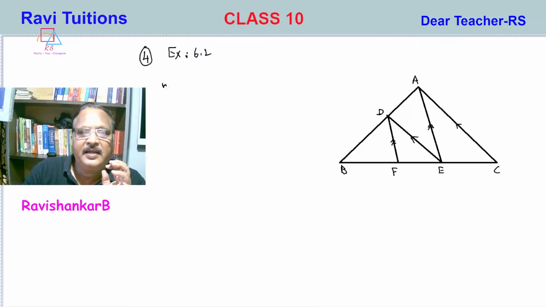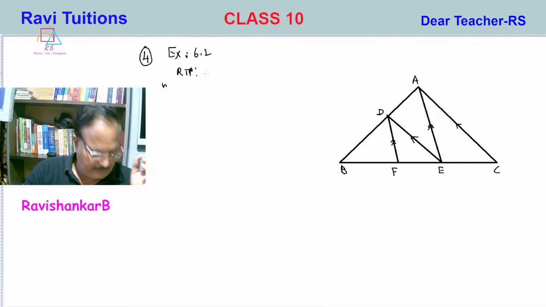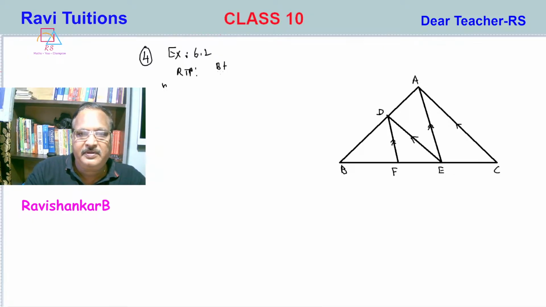So what do I have to prove? Prove that BF by FE is equal to BE by EC.